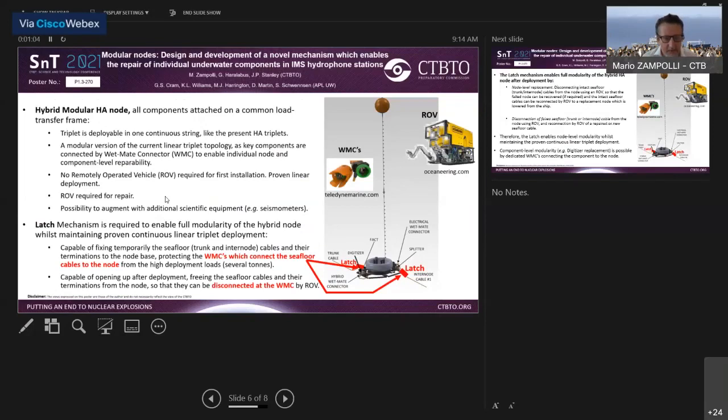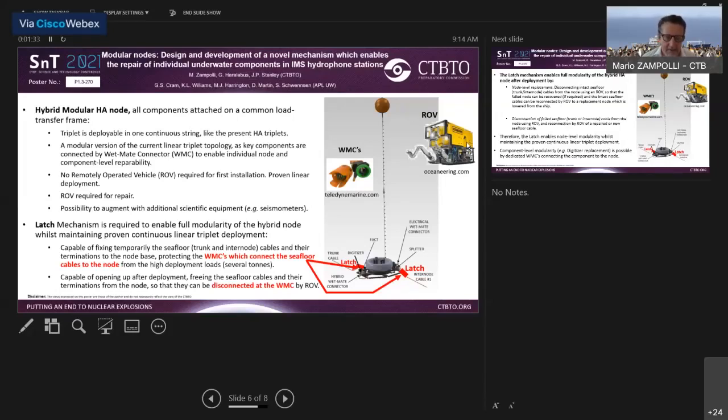For this reason, we've been working for several years with various outside contributors on modular designs, which employ wet-mate connector technology, which is becoming very proven and reliable, with wet-mate connectors placed strategically around the triplet so that individual components can be disconnected and reconnected underwater to do replacements using ROVs.